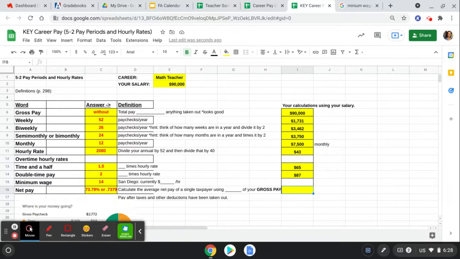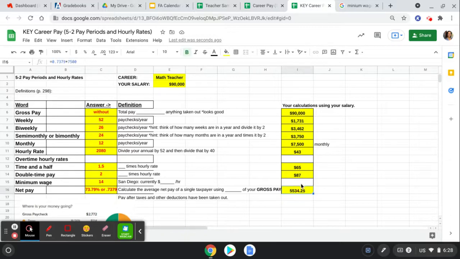And so we're going to say equals 0.7379, I'm sorry, not percent, 0.7379 times 7,500. And we get $5,534.24.